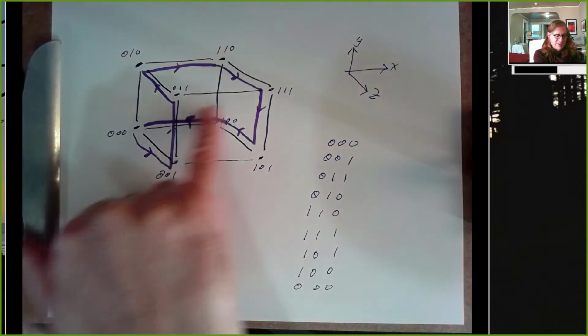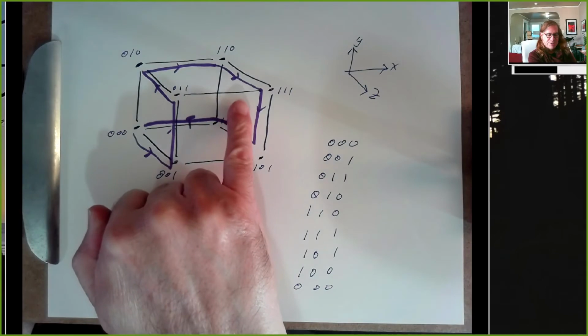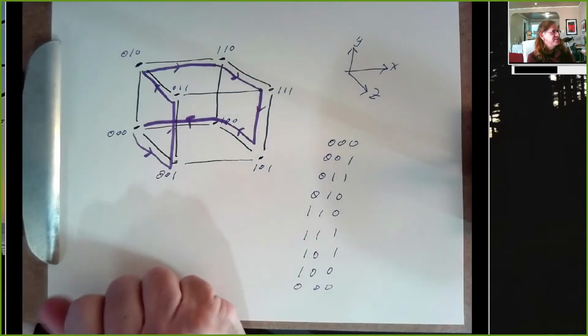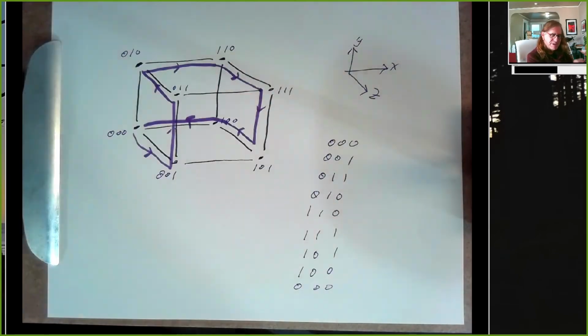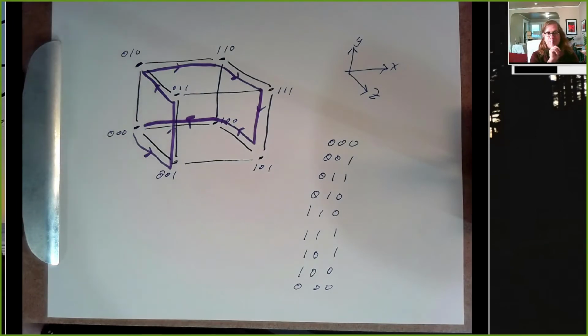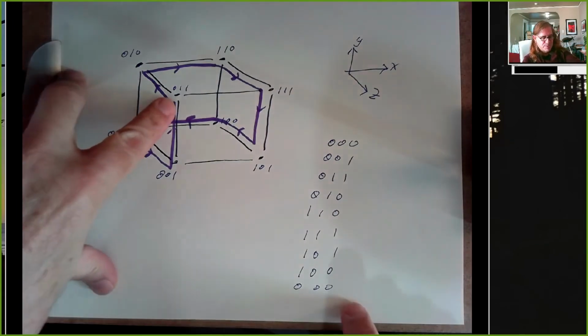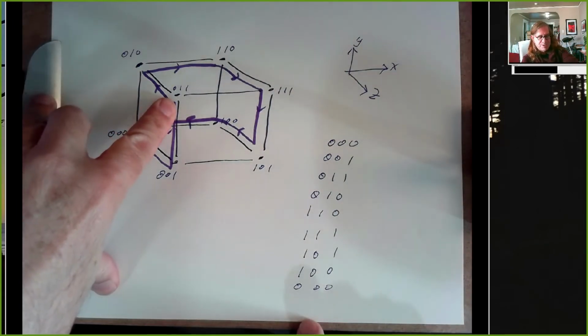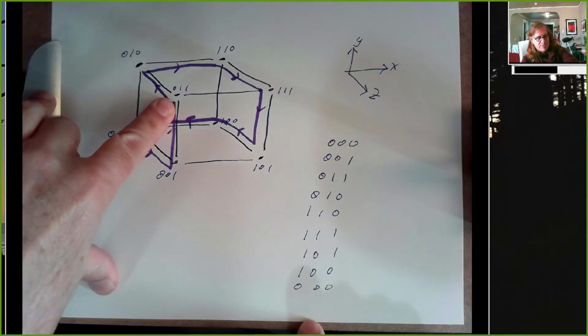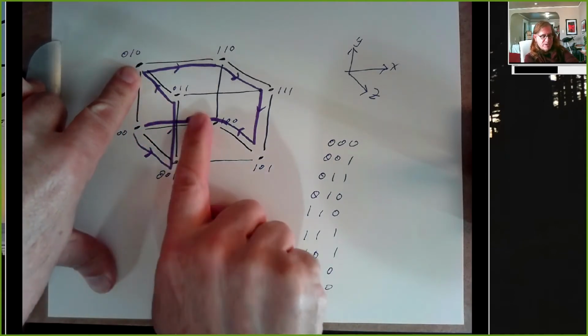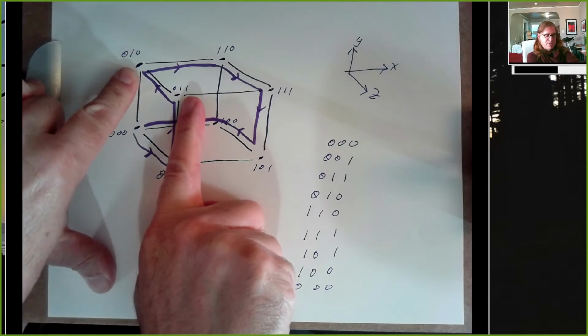And since all of these edges are parallel to one of these axes, when we travel along an edge, exactly one of our coordinates is changing. For example, at this point here, we're at the point 0,1,1. When we move in this direction, that third coordinate z changes, and we go from 0,1,1 to 0,1,0.